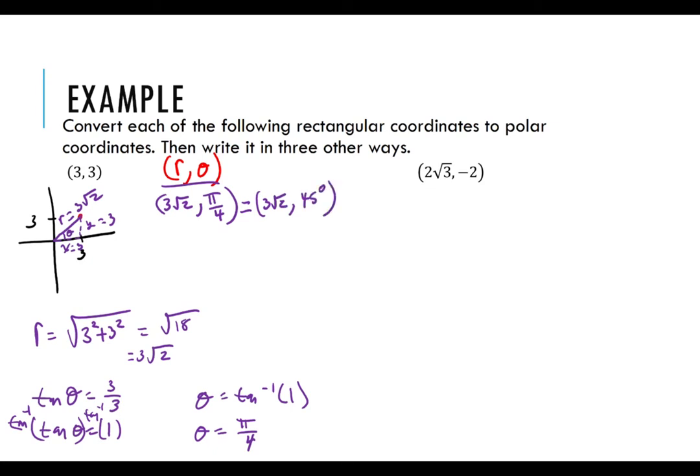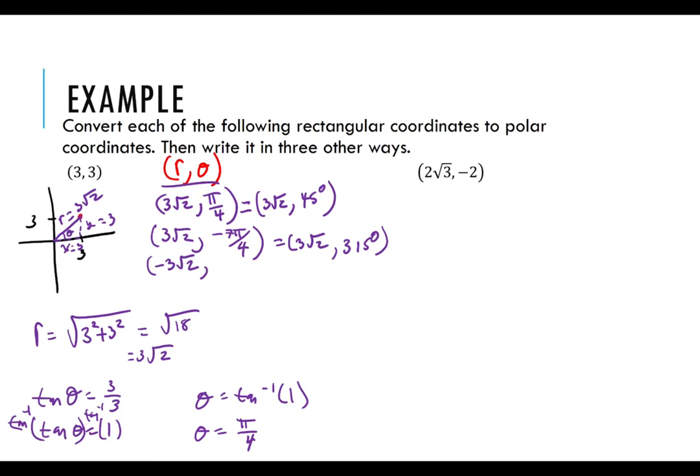Well, what else could we do? We could, if we wanted, use negative rotational angles. So how about (3 root 2, negative 7 pi fourths)? Or, of course, that's the same thing as (3 root 2, 315 degrees). Then once I have those, I can say, okay, well, what if I used a radius of negative 3 root 2? What would my rotational angle be then?